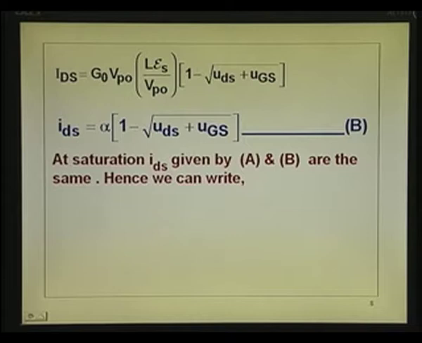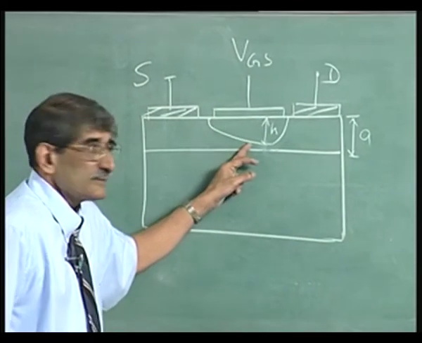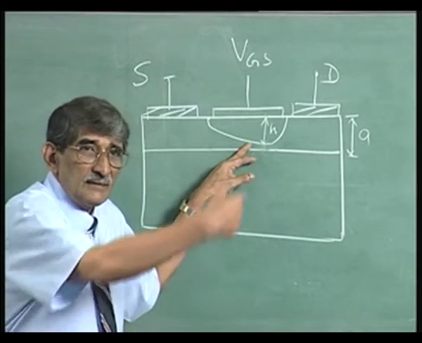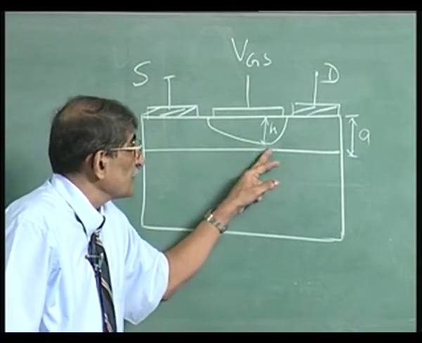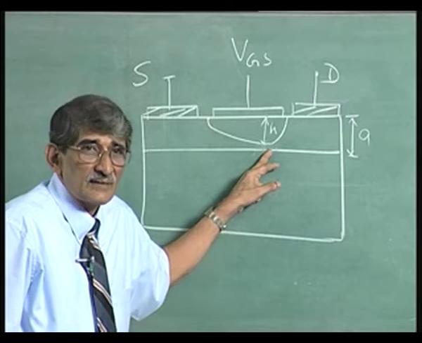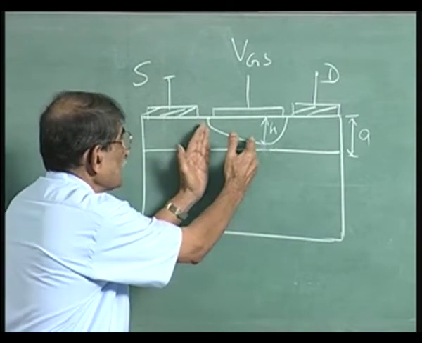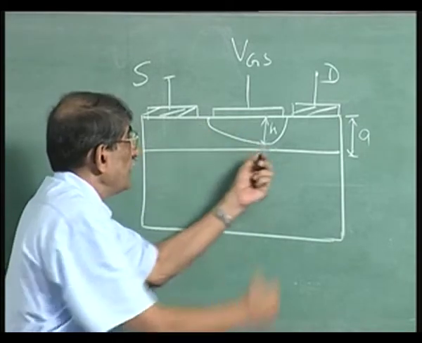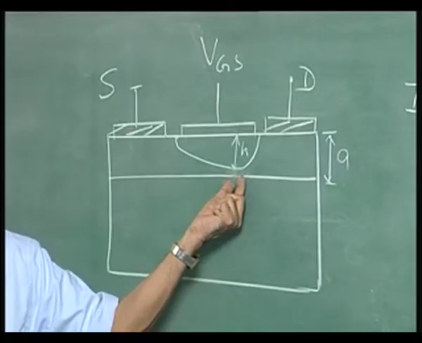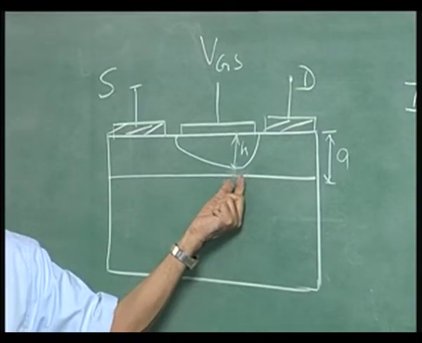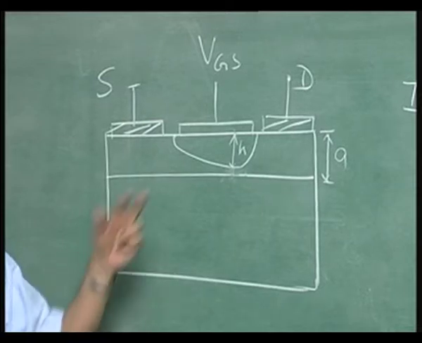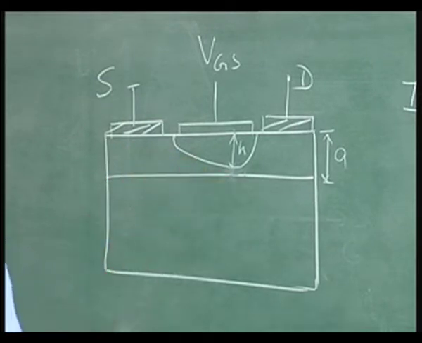This is a statement which you should understand. We have computed the current here by using the linear relationship. You have computed the current here using velocity saturation. A is written for this portion, equation B is written for this portion. Now, the current computed using that and this are the same thing.